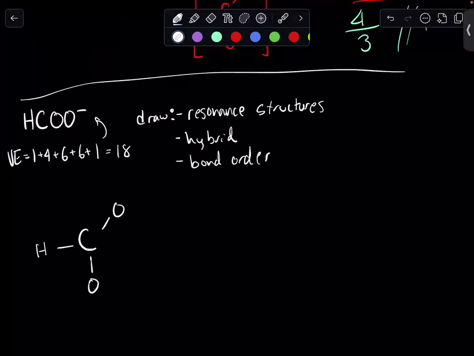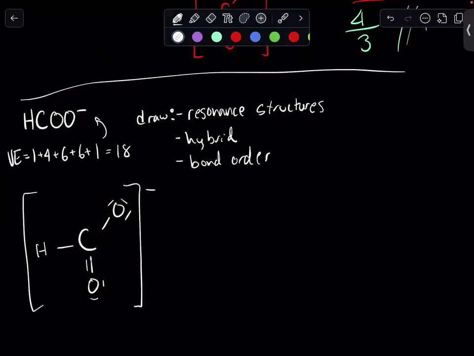Then I've already used 6 electrons, 7, 8, 9, 10, 11, 12, 13, 14, 15, 16, 17, 18. I notice that while hydrogen's complete with 2, oxygen has 8, carbon only has 6. So what I'm going to do is just move one of these over to form a double bond. And now I have my structure for this ion. I'm going to end it by putting a negative here.